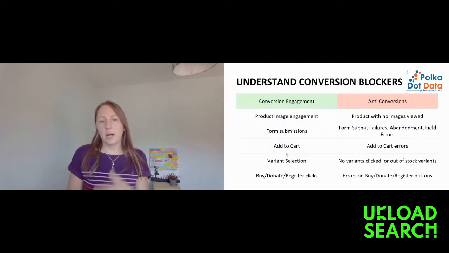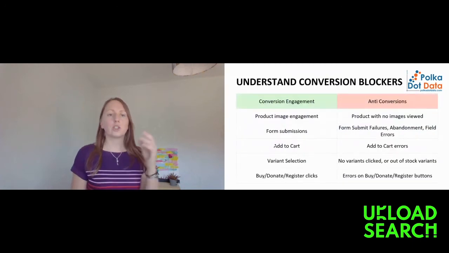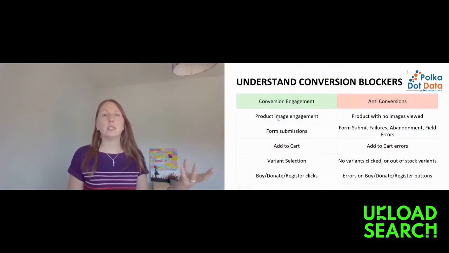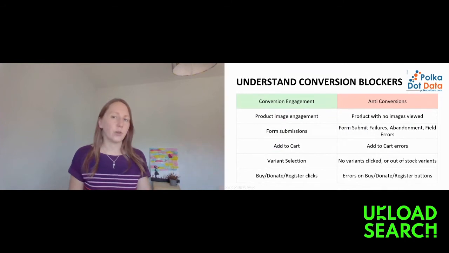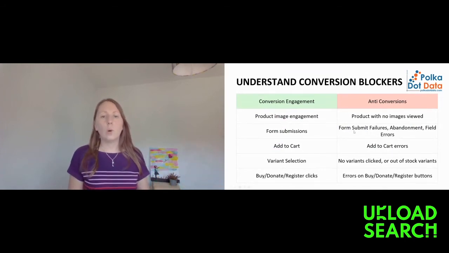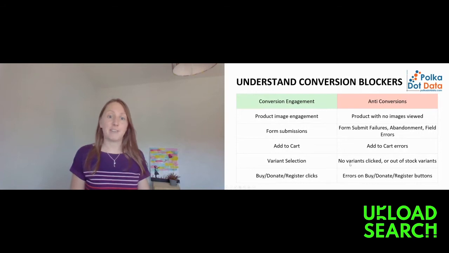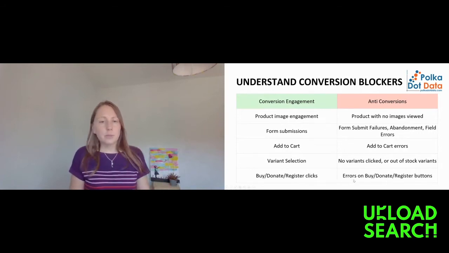But are you tracking the bad? We're tracking that engaging with an image increases conversion rate by this, but what happens when there's no images and somebody's viewed the page? What impact does that have? When forms have errors, what impact does that have? When add to cart doesn't work because you haven't selected your variant, or when there's errors on these sorts of things, JavaScript errors, that sort of thing.